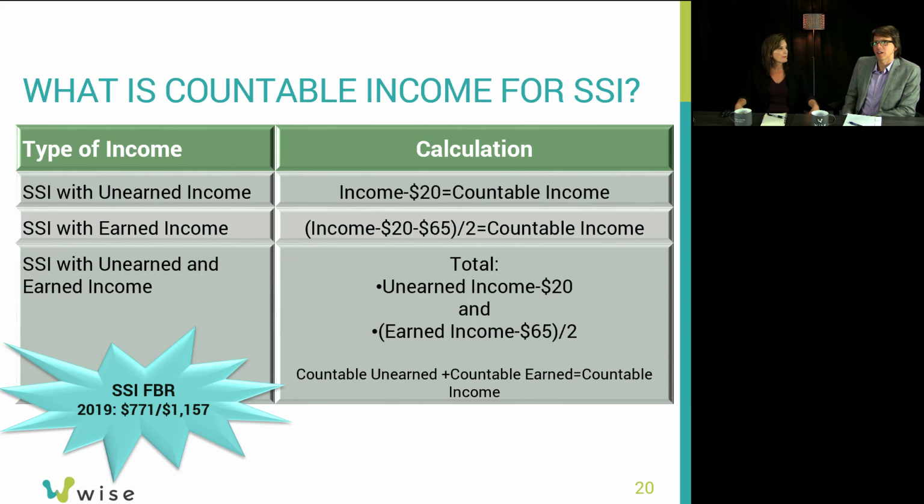That's right. I think people on SSI will often get a letter that will explain the increase of SSI if that occurs at the beginning of the year. But I know when I'm wanting to research this, I just do a web search, FBR 2019 or whatever the year is. And Social Security does a pretty good job of showing the past amounts for FBR and the future amounts for FBR, at least for the next year.